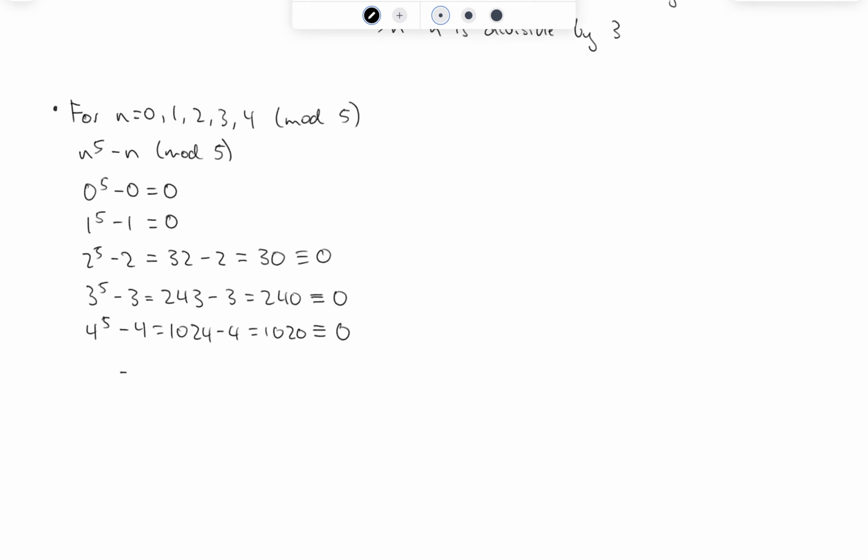So this implies that the expression n to the 5 minus n is congruent to 0 in mod 5. In other words, the expression n to the 5 minus n is divisible by 5.